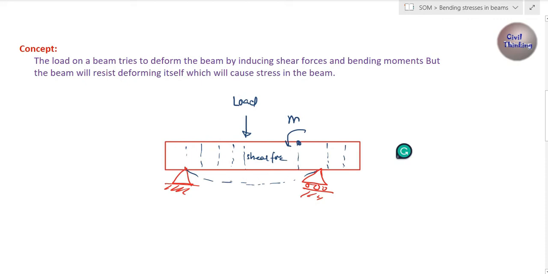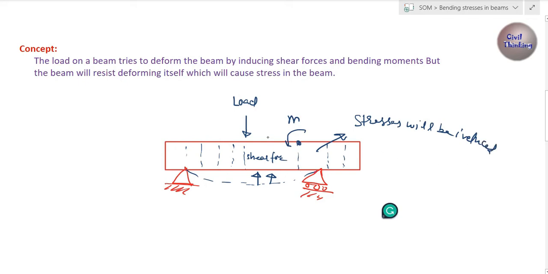So the beam will resist the bending. Okay, it won't try to bend, right? Now because of this, the stresses will be induced. And why are these stresses induced?